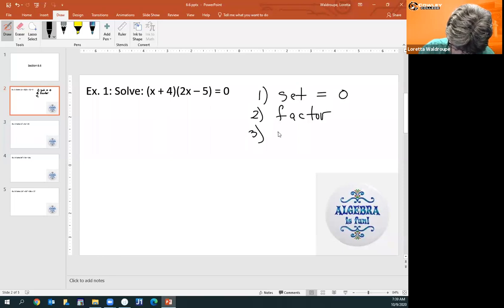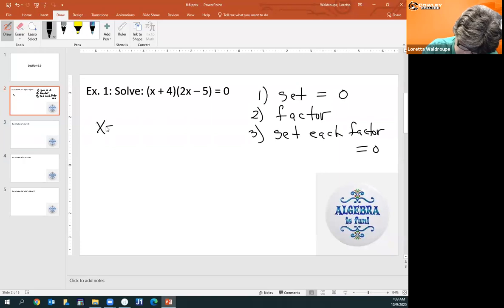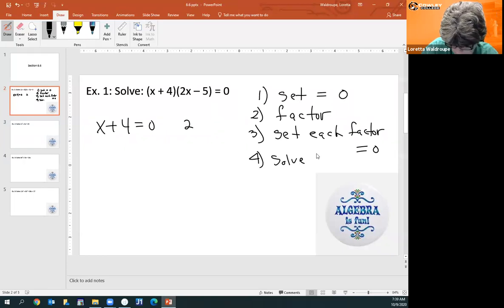Third, you're going to set each factor equal to 0. So the first two steps are already done for us. So I set each factor equal to 0, and you solve for x.